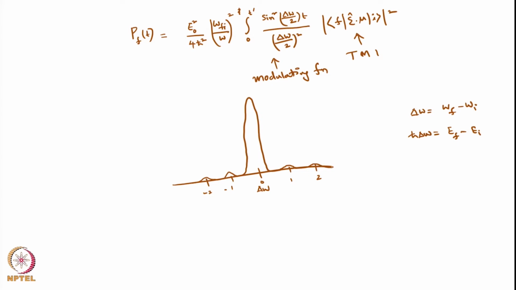So, this is the function sin square delta omega by 2 divided by delta omega by 2 square. Now, if this function looks like this, it means maximum absorption will happen at delta omega equal to 0, that is the resonance condition.